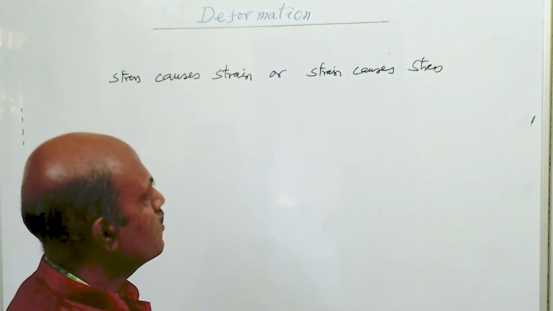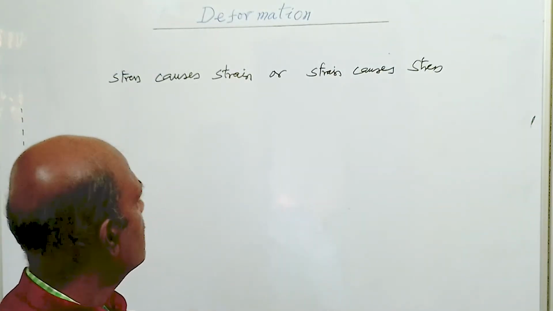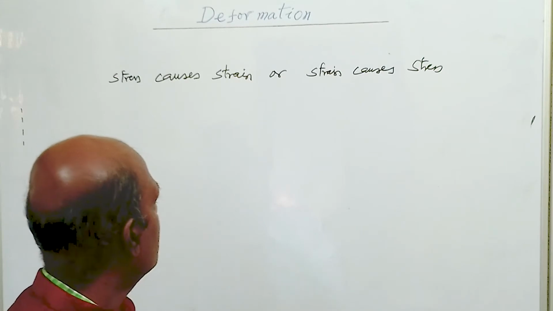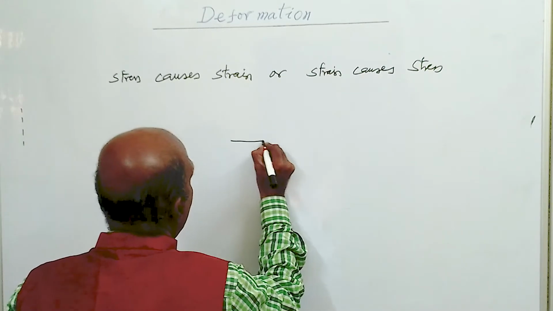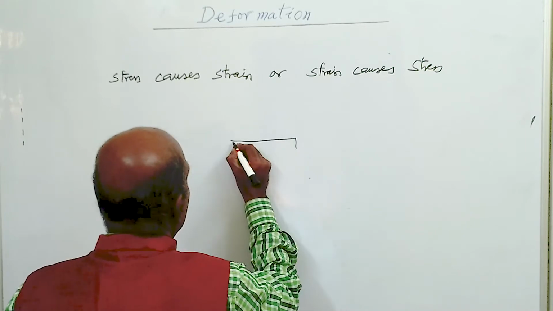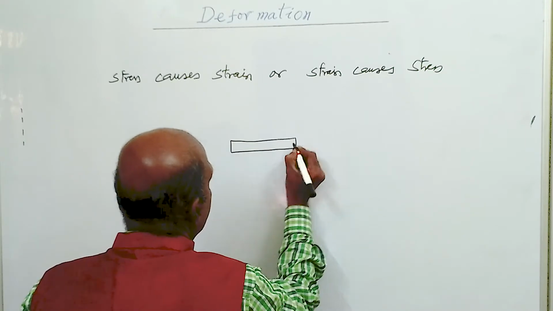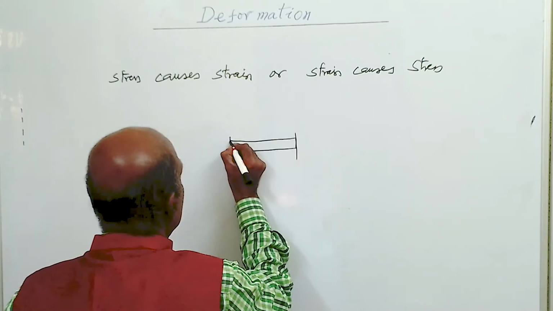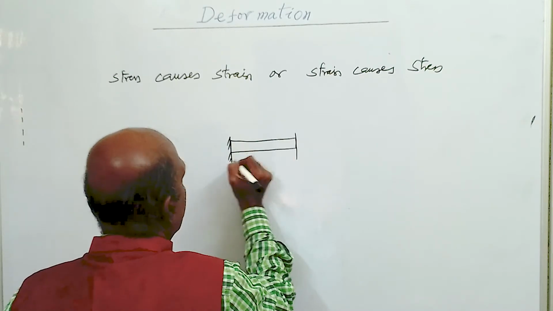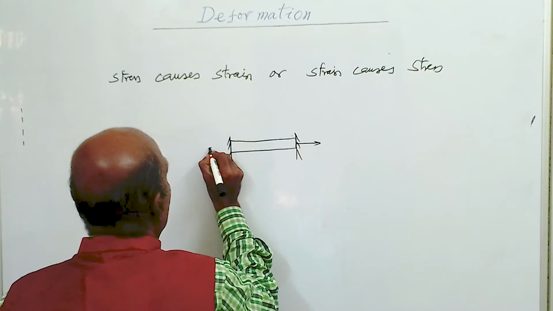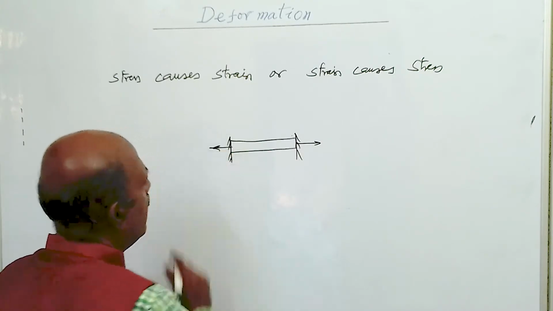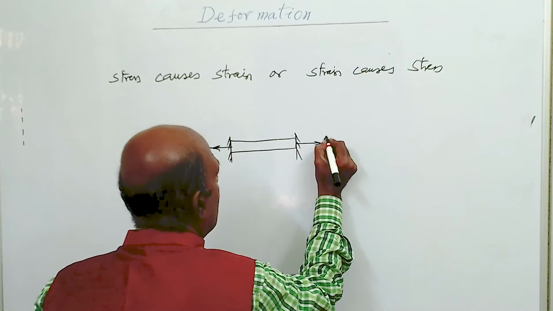We will see the next question. Justify the statement: stress causes strain or strain causes stress. So consider a bar under two rigid end supports. Now let P be the external load acting over the bar.